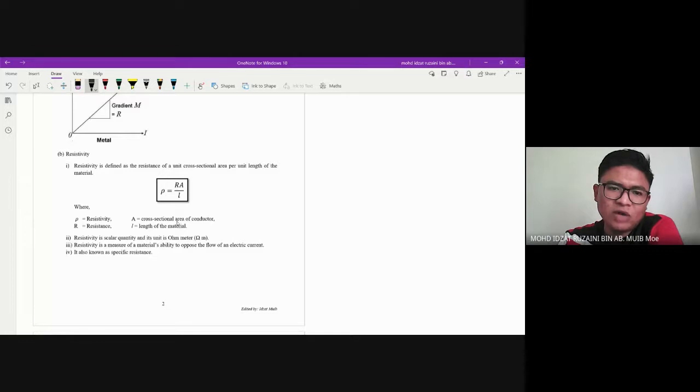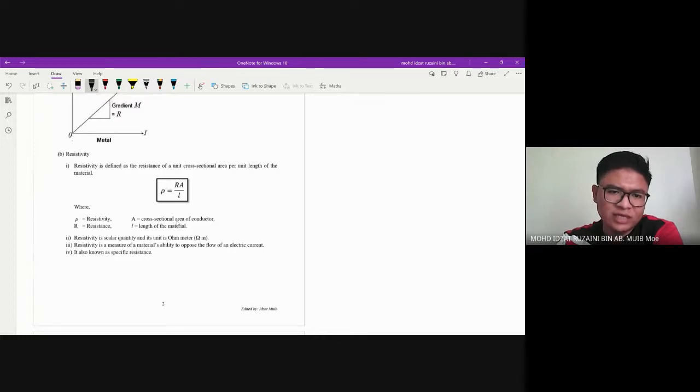Resistivity equal to RA over L. Okay, itu dia punya resistivity-nya lah. That's how you try to define the resistivity. So in this resistivity, kita ada rho ialah resistivity, R besar di sini ialah resistance, A ialah cross-sectional area, L ialah length.